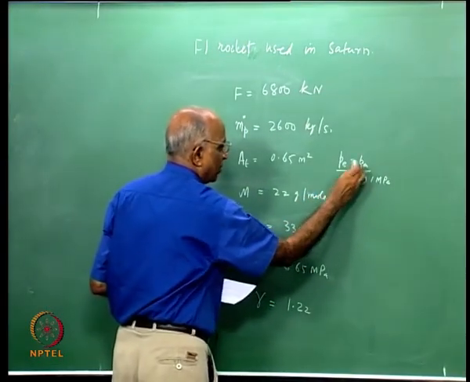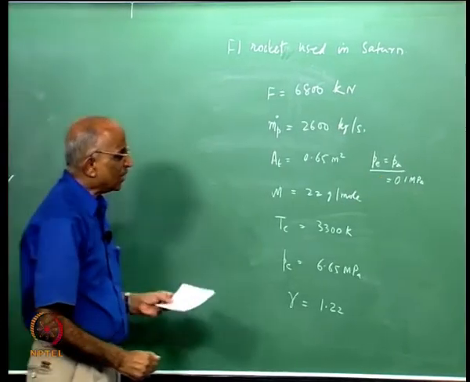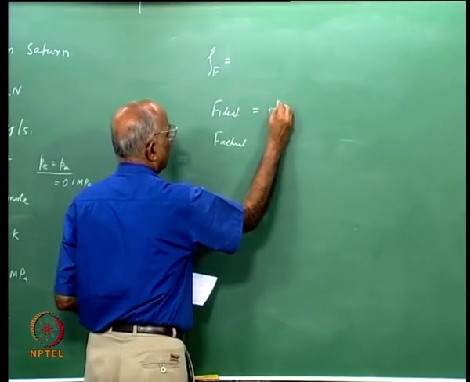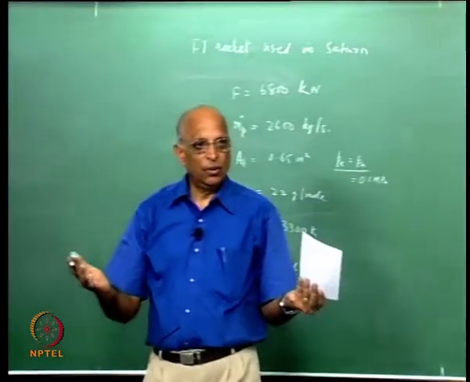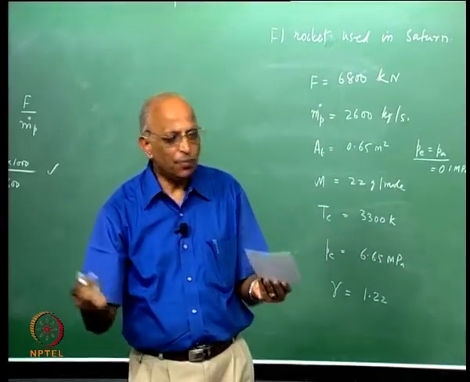We are assuming here that the nozzle exit pressure is equal to the ambient pressure. Therefore, for this condition F ideal is equal to m dot into Vj, because there is no pressure thrust, Pe minus Pa being 0.